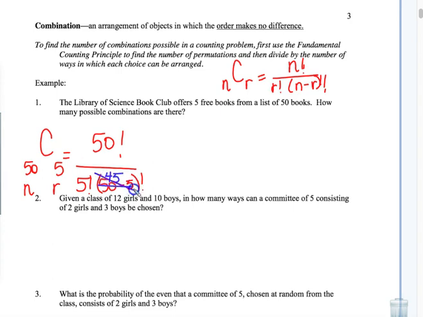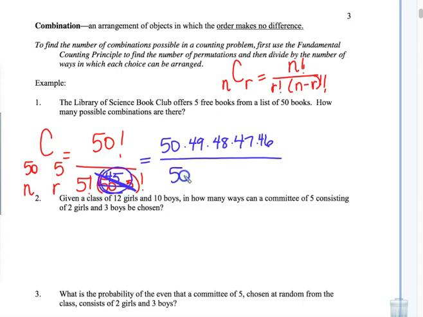So when I do that canceling, what I have left up top is just 50 times 49 times 48 times 47 times 46, divided by, because the rest canceled with this piece right here, 5 times 4 times 3 times 2 times 1.